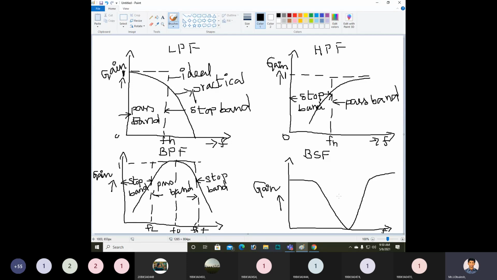Okay, here also see. This is the F0, FL, and this is the FH.